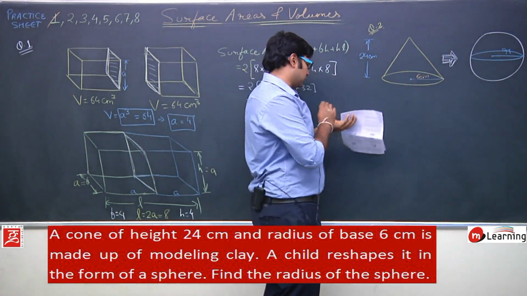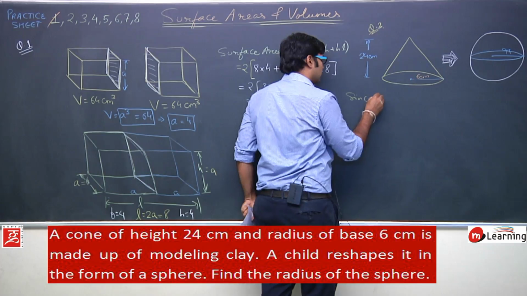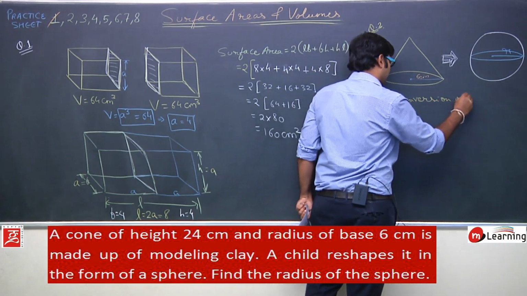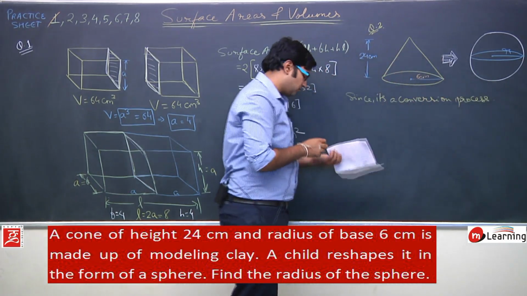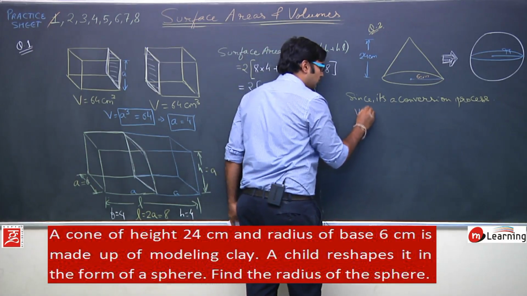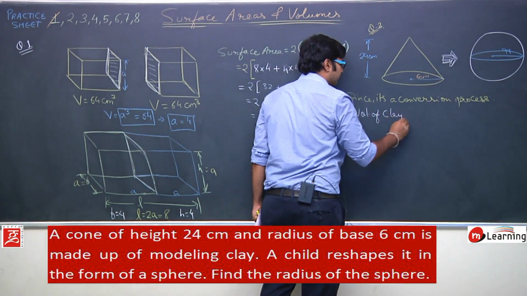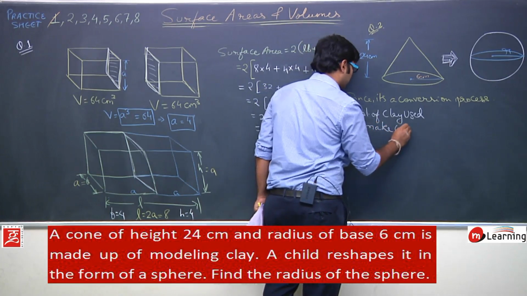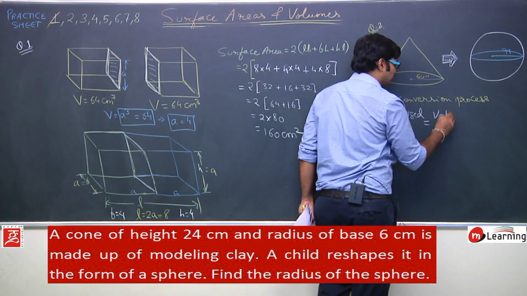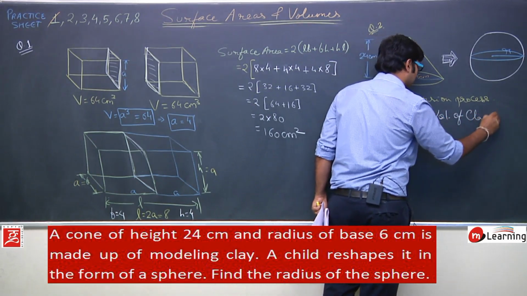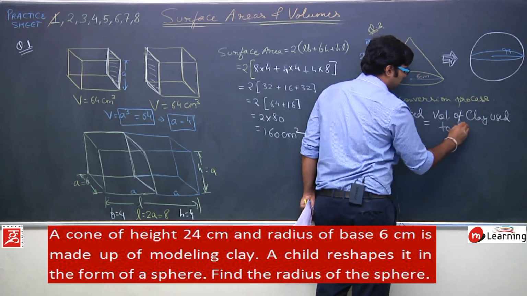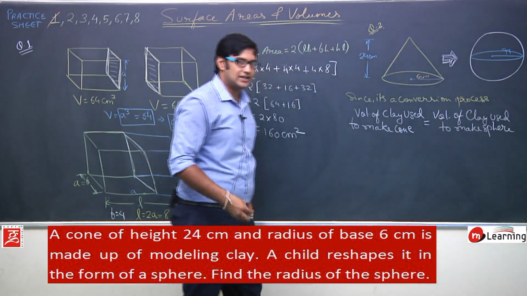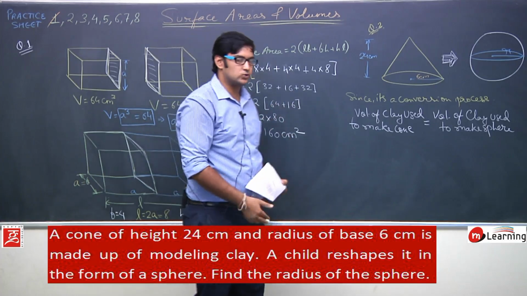Okay, so since it's a conversion process, what I can write is: volume of clay used to make the cone is equal to volume of clay used to make the sphere.